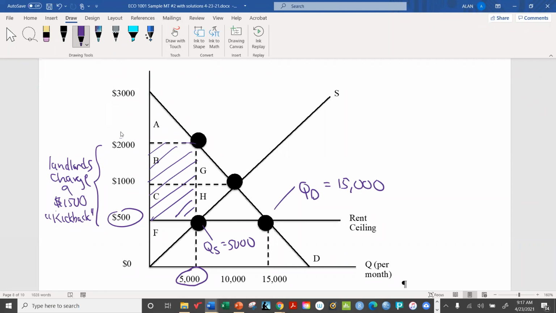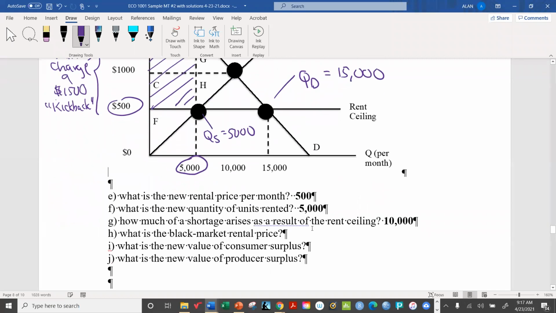Anyway, what we're trying to illustrate here is that there's all of this kickback money coming into the landlord's pockets. And so the black market price is $2,000.